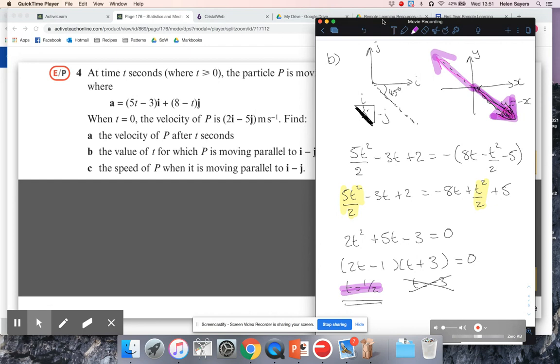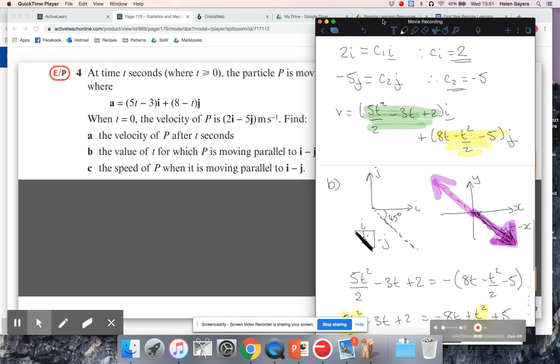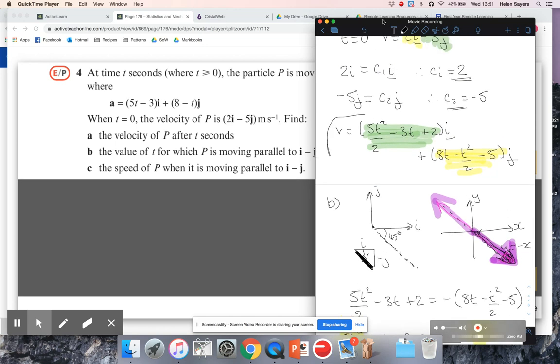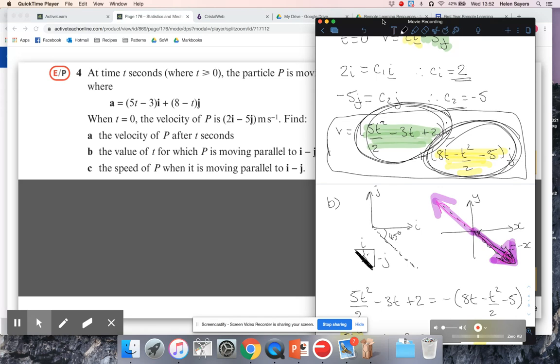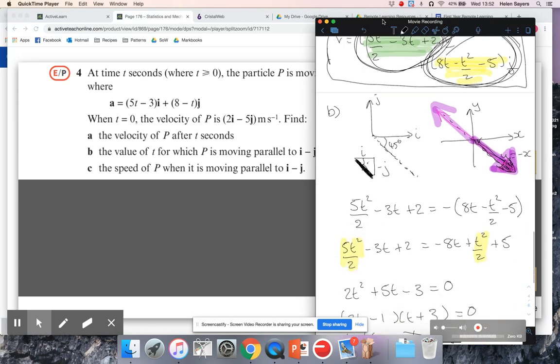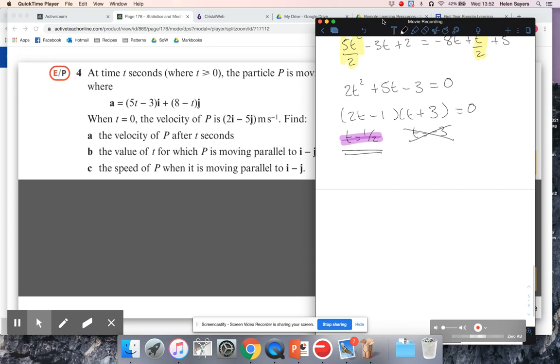If I did want to triple check, if I substitute t as a half back into my velocity vector, that should be positive, so it's traveling in the i direction, and that should be negative, so it's traveling in the negative j direction, okay? This video is already too long, so I'm not going to double check that now, but that's what I could check just to clarify it is moving the way it should be.